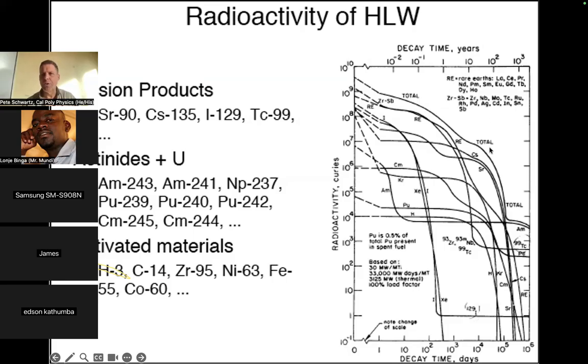If you wait 100 years, it drops by a factor of 1,000. This is because the really radioactive stuff has a short half-life. It's exploding really fast, and then it's gone. The stuff that has a really long half-life, like this stuff, that's not really radioactive, so it's down lower on the scale.